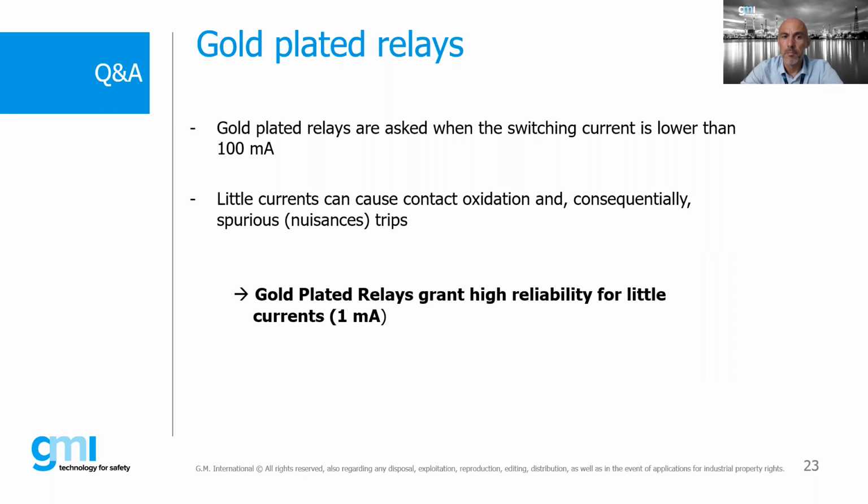Those small currents can cause oxidation and spurious behavior, of course. We cannot say the relay can get stuck. The relays that we are using inside, as you remember on the previous slide, have a safety function, an extra characteristic we are asking for, that can grant very high reliability also for small current, let's say around 1 milliamp.